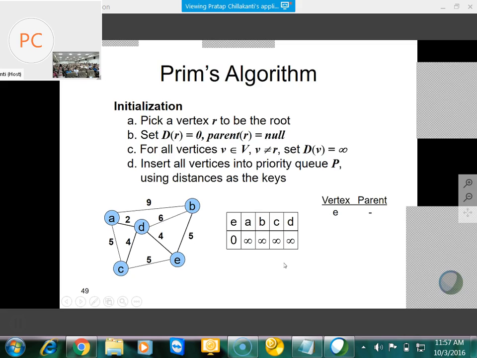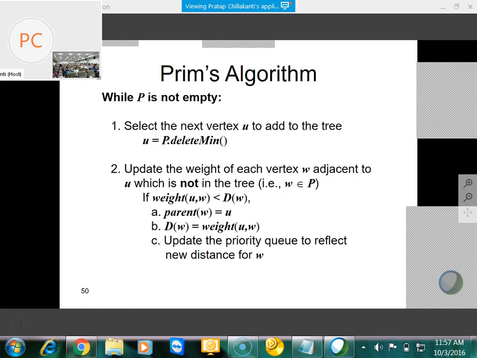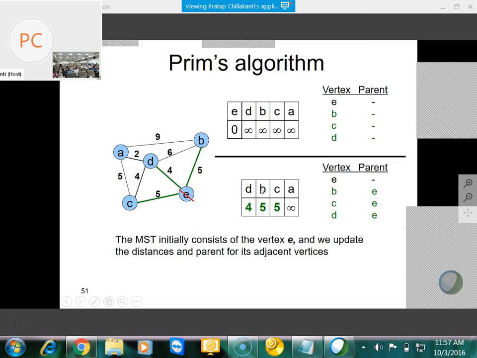Okay. While P is not empty, select the next vertex U to add to the tree. And then, of course, you're updating the weight of each vertex adjacent to U which is not in the tree. Okay. Looks easy to say, not easy to code and all that. That is what he has done here, all right?